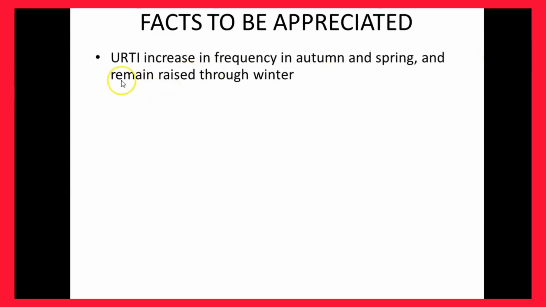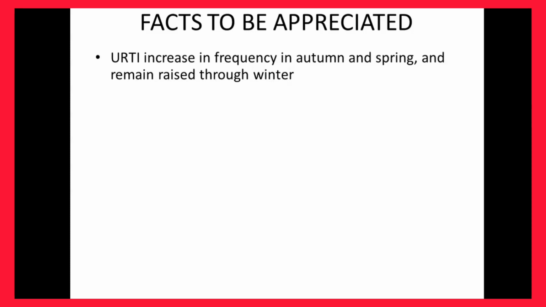First of all, upper respiratory tract infections increase in frequency, especially in autumn and spring, and remain raised through winter. So envelope viruses are concentrated in upper respiratory tract infections.